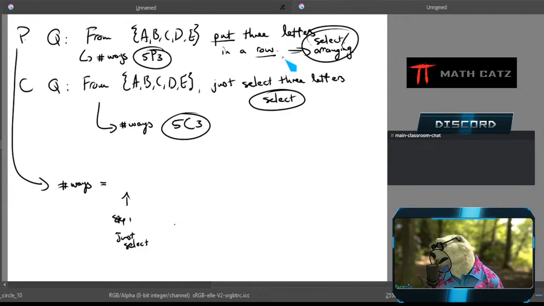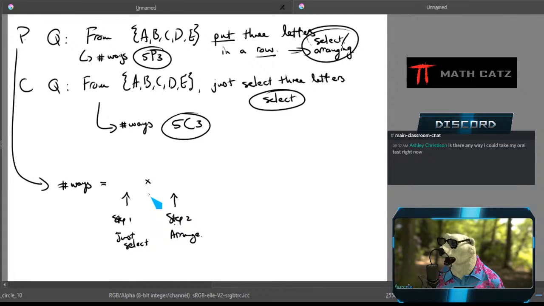But that's not answering the question completely. I have to follow that with step 2. Wow. Speaking and writing different things is not my strength. Then I have to follow it by arranging them. So I can break the permutation question up into 2 steps, one followed by the next. So by the basic principle of counting, I have to multiply them.